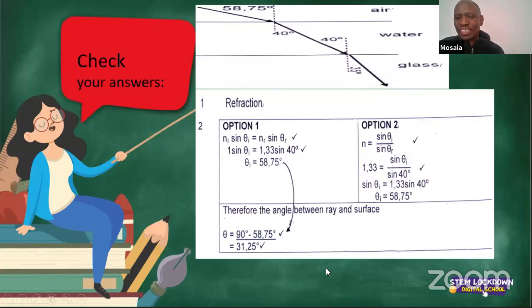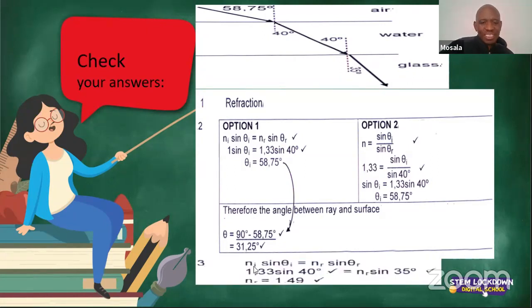The next question was: the angle of refraction in glass is 35 degrees. Calculate the refractive index of glass. We use the same formula here. Remember, the light is now moving from water to glass, so the refractive index of water is 1.33.